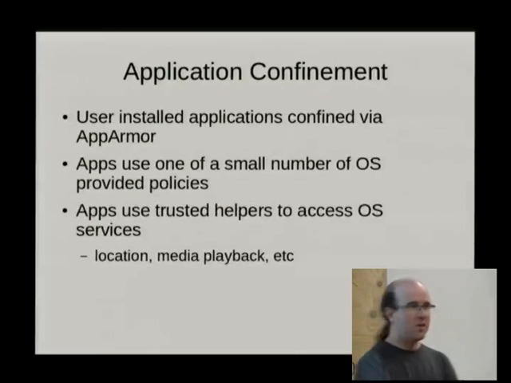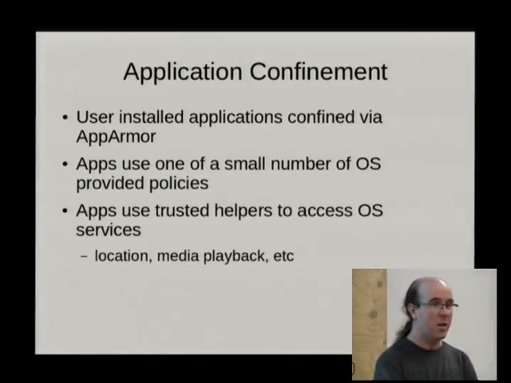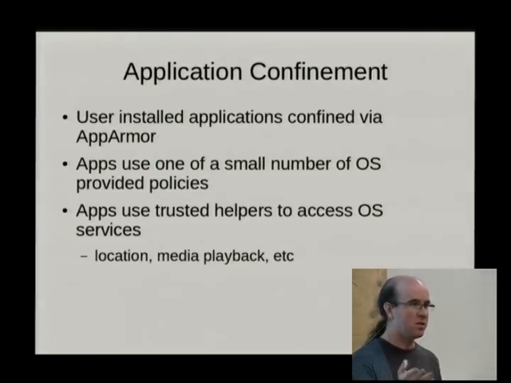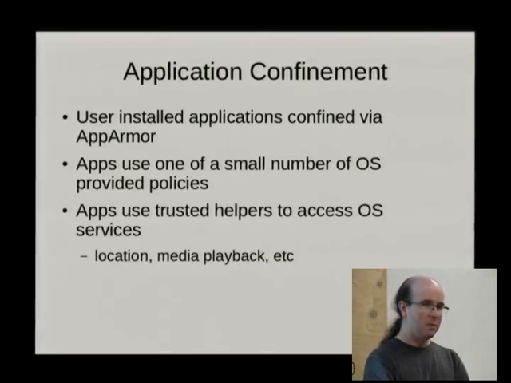The confinement system we've got is based on AppArmor, which is a security system in the kernel. We've got a set of modular AppArmor policies where applications can pick one of them. So the base policy pretty much only lets an application access its own data directory.